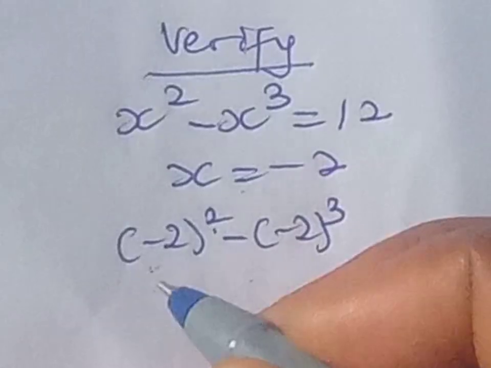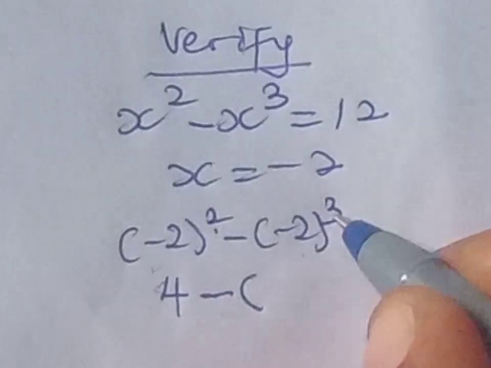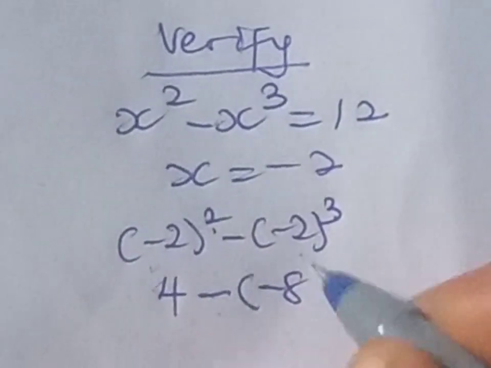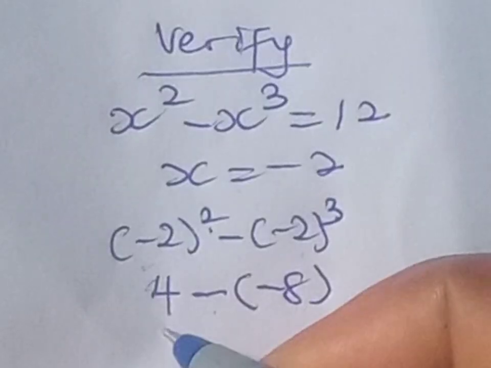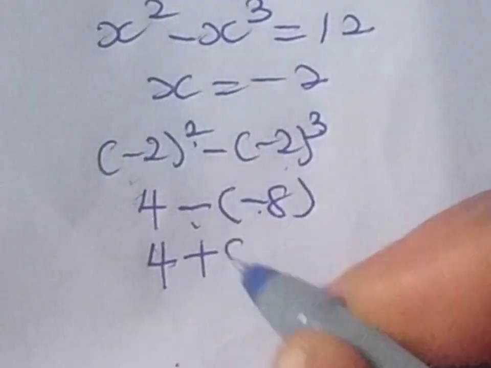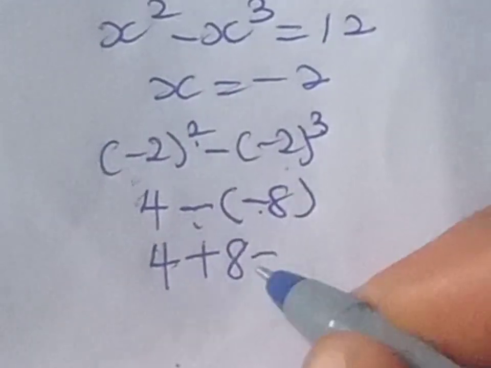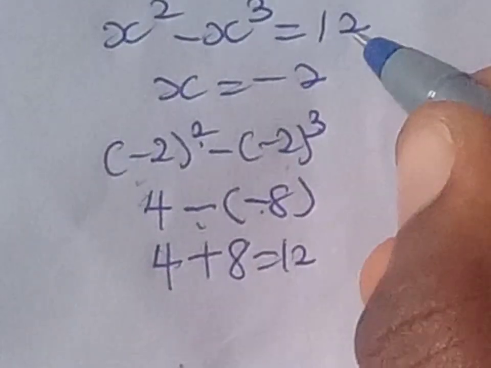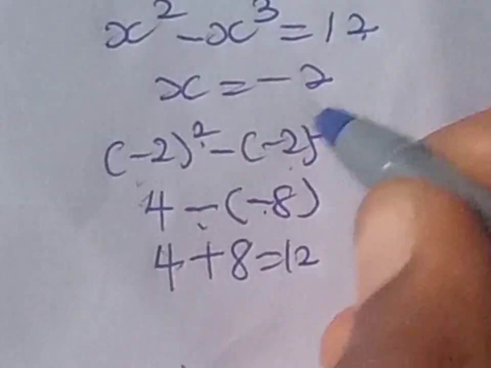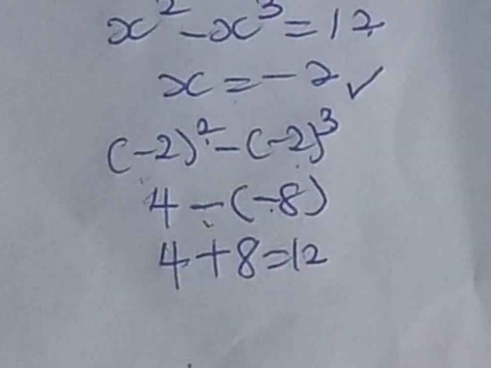Minus 2 squared will give us 4, minus minus 2 cubed will give us minus minus 8. Then we have 4, minus times minus is plus, so we have 4 plus 8. That means on the left side we got 4 plus 8, which is 12, and also on the right side we have 12. So x equals minus 2 is correct.